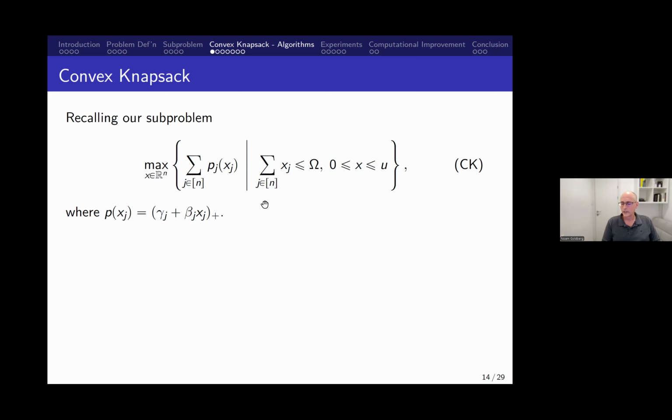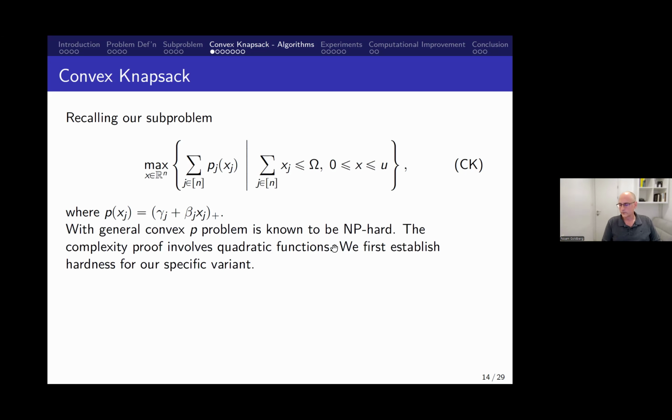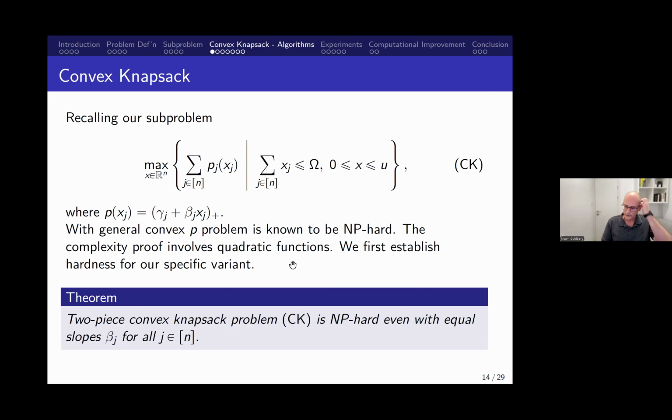The previous complexity results don't apply to this special case because they involve maximizing a convex quadratic. So first we formally established the hardness of the special case we're interested in.